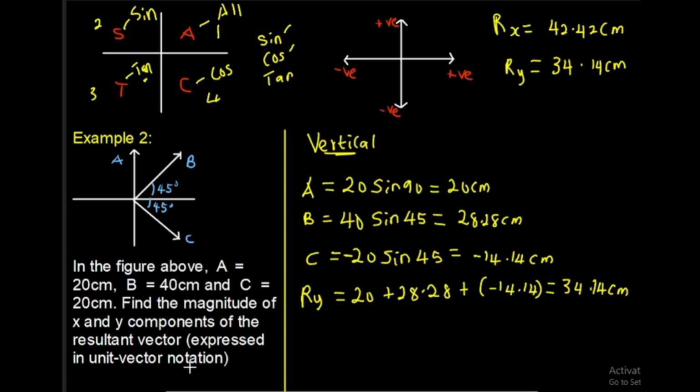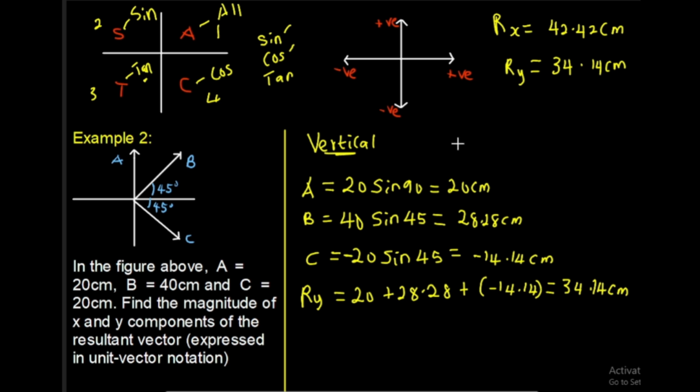Now the next part, they said express in unit vector notation. Now they want us to express it in ijk components. All right, that's what unit vector notation is all about, the component form. Now in ijk components, we usually use x for the i component. X represents the i component, Y represents the j component. Okay, X for i component, Y for what? j component.